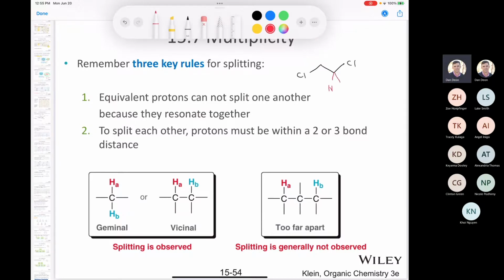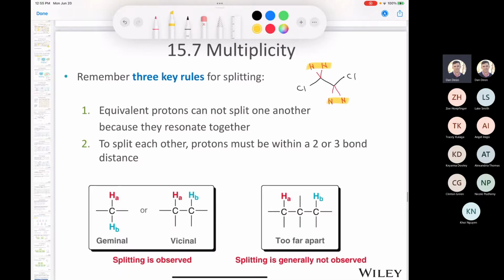These 2 protons and these 2 protons are chemically equivalent. There's no differentiation between any of them, and since they're all chemically equivalent, there's no splitting at all. There would just be 1 singlet, no splitting whatsoever when protons are chemically equivalent.